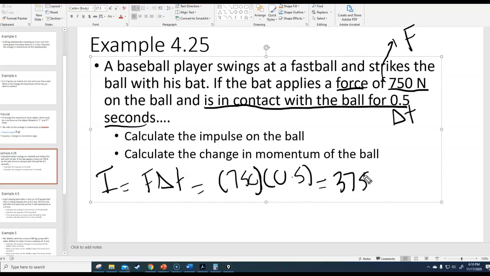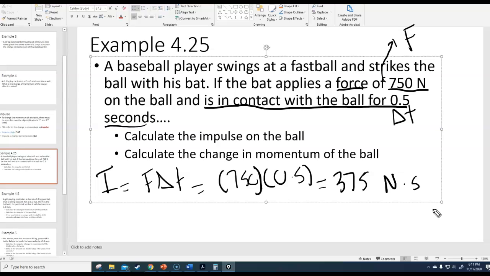The unit for impulse, because you're multiplying force by time, force is in newtons and time is in seconds, is Newton seconds. NS, Newton seconds. Not newtons per second, Newton seconds. Okay, so I would say the impulse here is 375 Newton seconds.